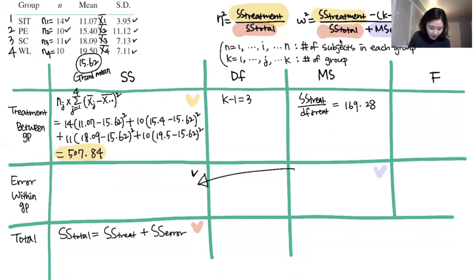Mean square error is the sum of squares error divided by the degrees of freedom of error. So if I know the mean square error, I can calculate the sum of squares error as mean square error times the degrees of freedom of error.